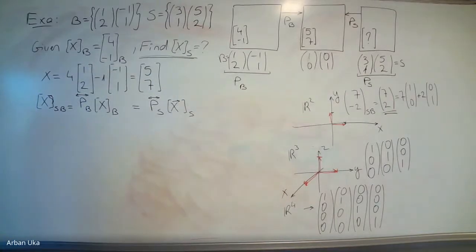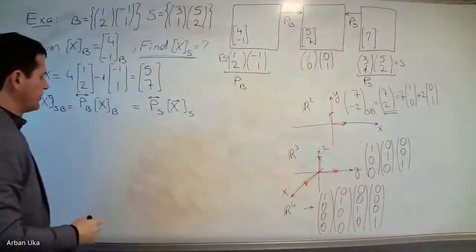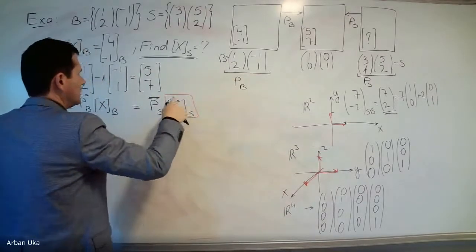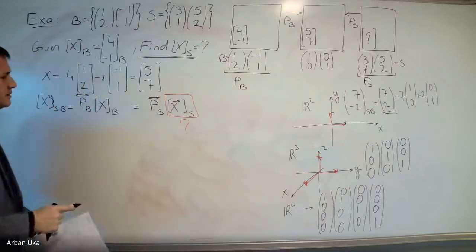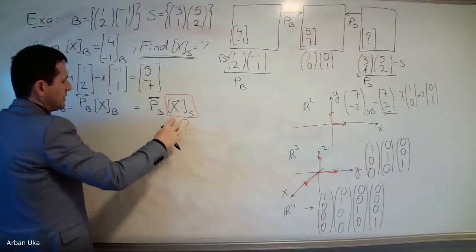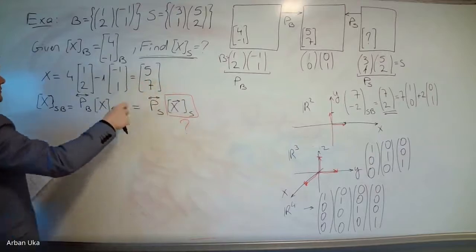Okay, so now I want to ask you again. We have this 5, 7. The question is to find this quantity, which is here in red. How do we find this? Any idea, Medina? This is unknown for us, but we know this side of the equation because it is right here.